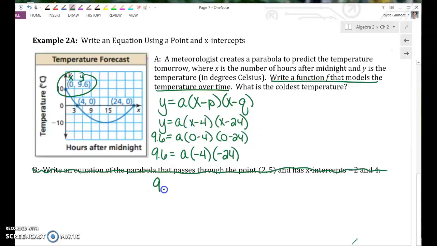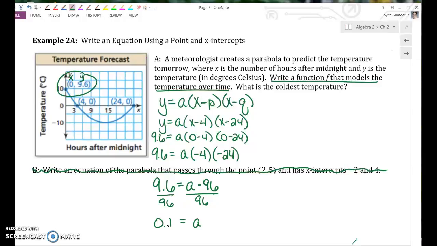Does anyone know what that is? 96. So 9.6 equals a times 96. How do we get that a by itself? Divide by 96. Is it positive 0.1? Okay.